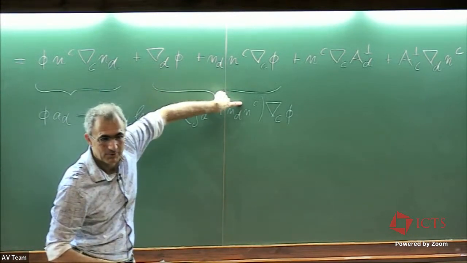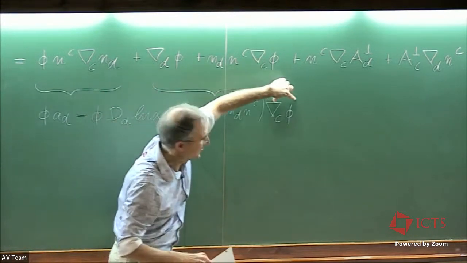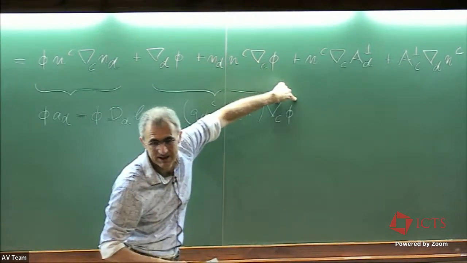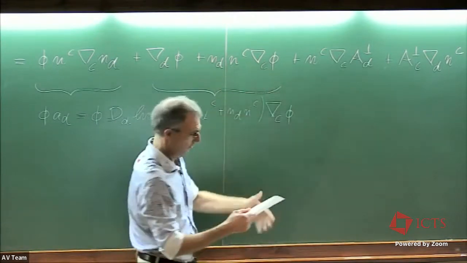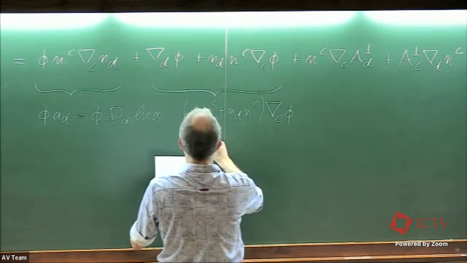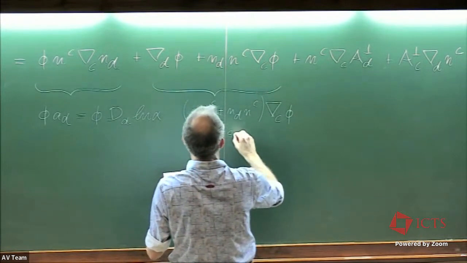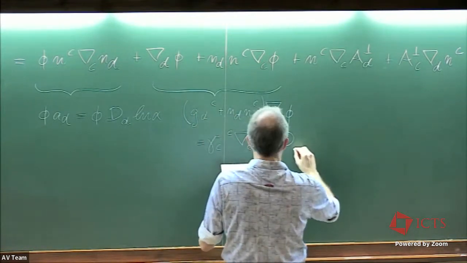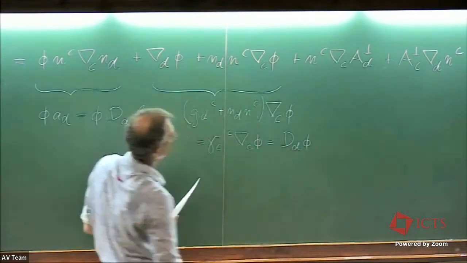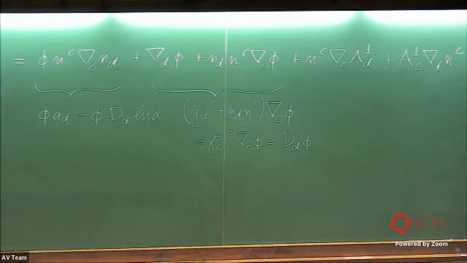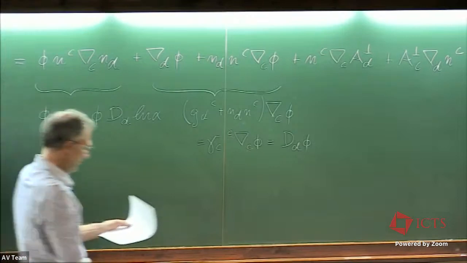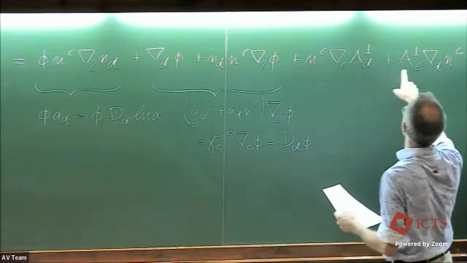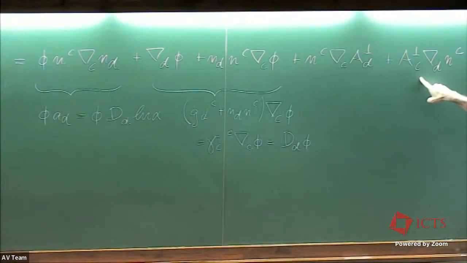If I act with a projection operator on each index of the 4-dimensional covariant derivative, that just gives me the spatial covariant derivative. So this is in fact the same as gamma C, nabla C phi, but that is the spatial covariant derivative, D phi. Okay. All right? That leaves us with these last two terms. Okay. Now, does anybody recognize what these last two terms are?